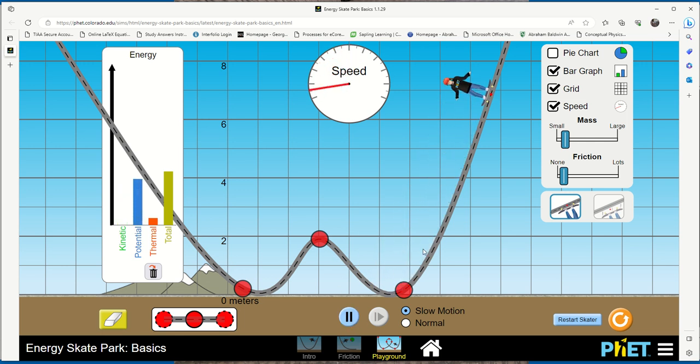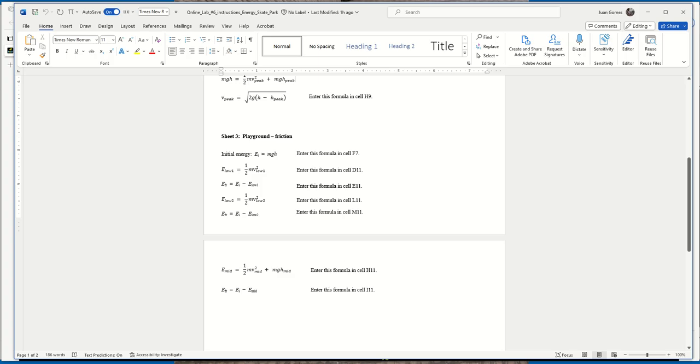See? As the skateboarder goes over the midpoint, he's moving and he's above the reference point. Okay? So the total energy at the midpoint is the kinetic energy plus the potential energy: 1/2 m v mid squared plus mg h mid. You know, that's the kinetic plus the potential.